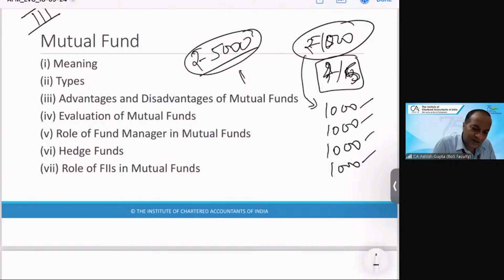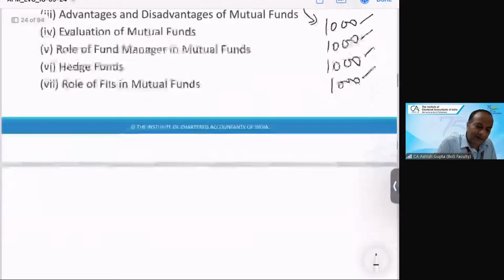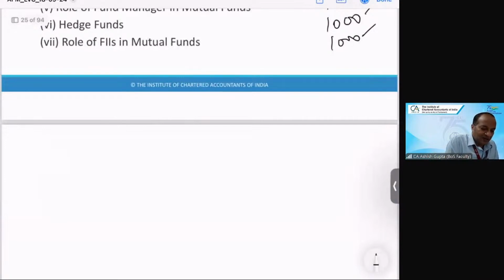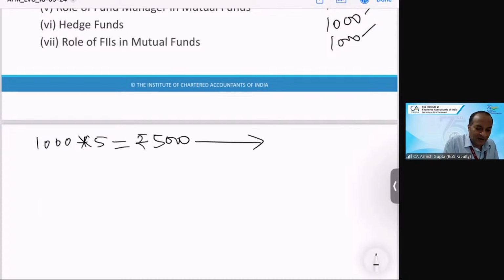Sorry, it is my mistake. It is 1/5, not 2/5. So what you do, all the friends join together and pool the money, 1,000 into 5, 5,000 rupees. And you buy one share.